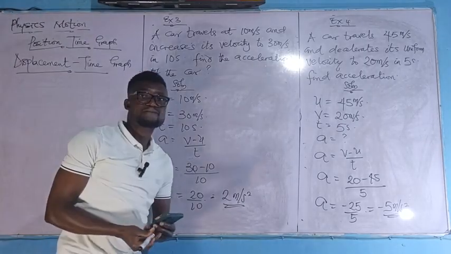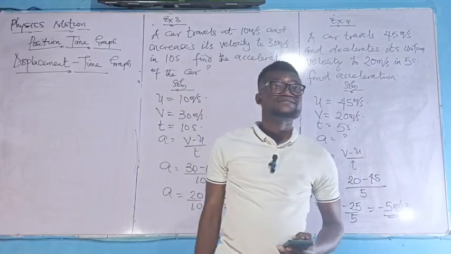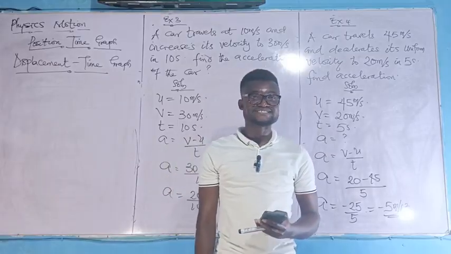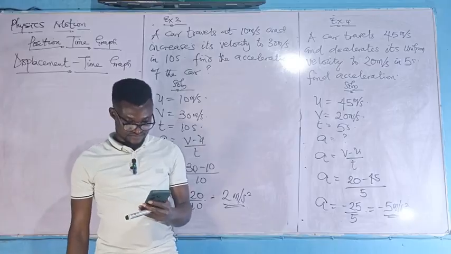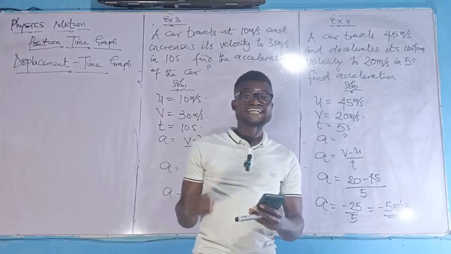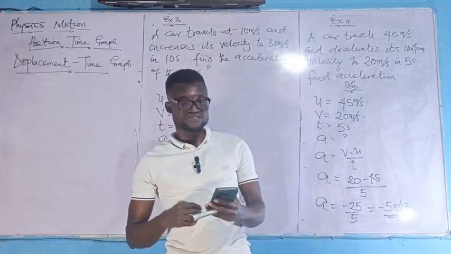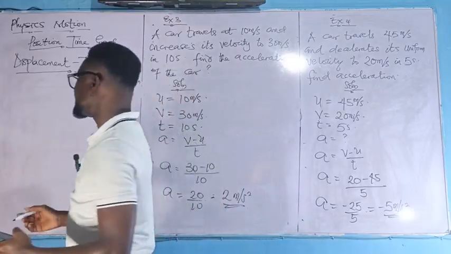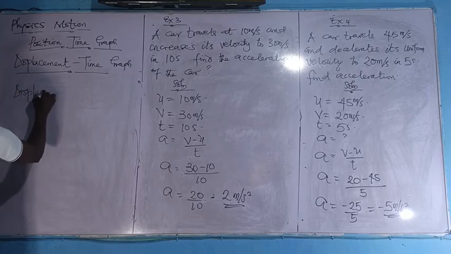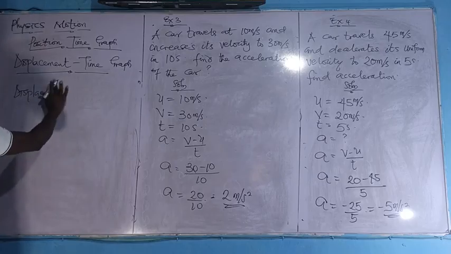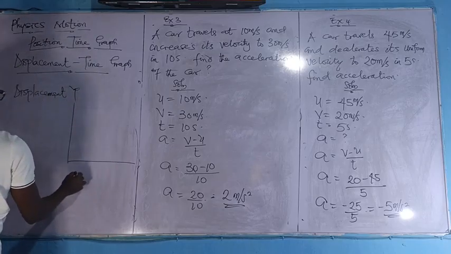Okay, right. Displacement time graph can be defined as a graph which shows displacement versus time.